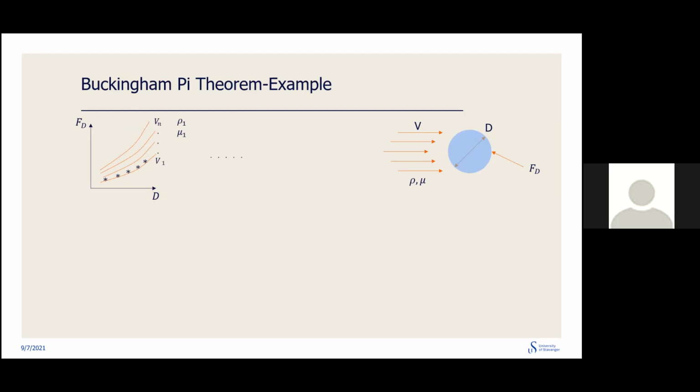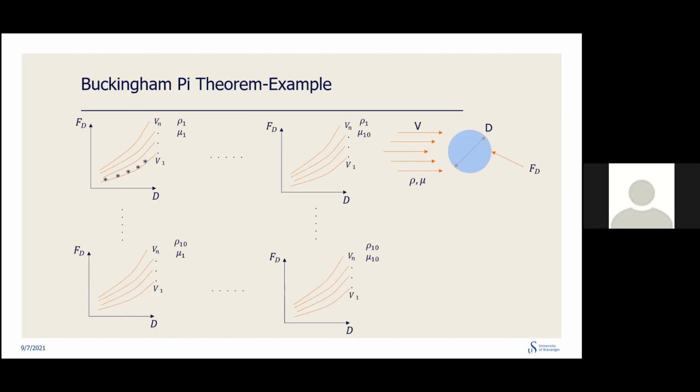I have to repeat these at different viscosities, all these tons of tests, different densities and velocities. So consider you have done 10 different values for each. Each test takes, I don't know, an hour, and you work 8 hours a day. It will take 3 years to perform all these tests, right?